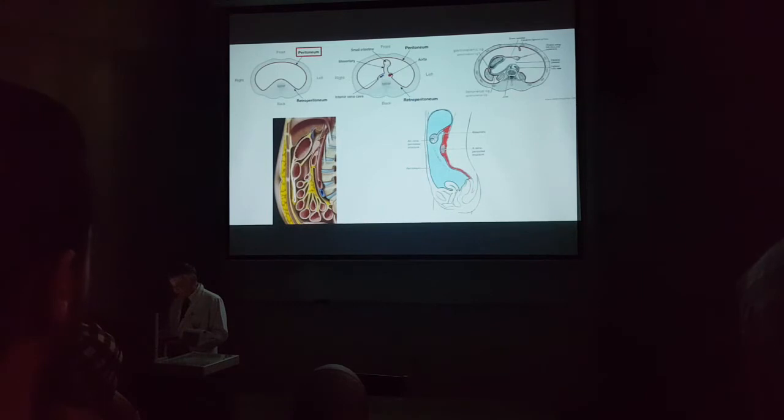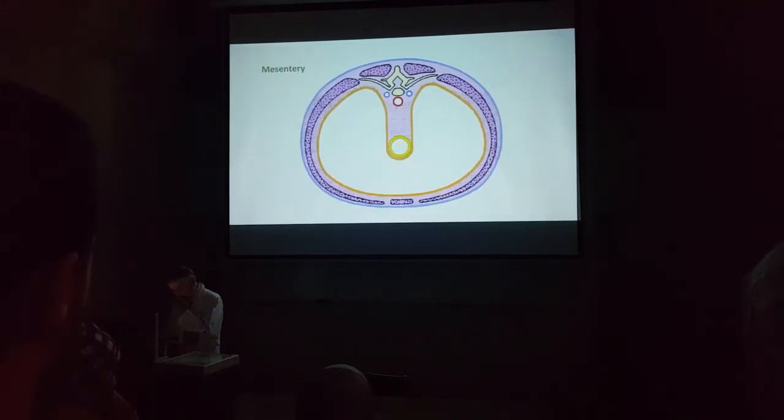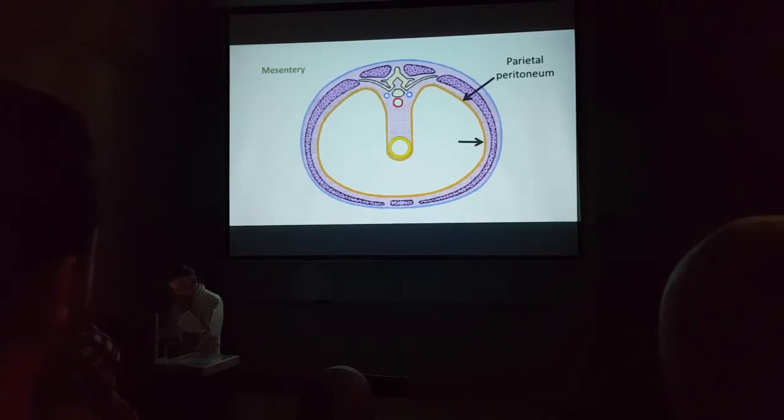We will look into these pouches and pockets and recesses. So this is the peritoneal lining of the abdominal cavity. This is parietal peritoneum, lining the abdominal wall.